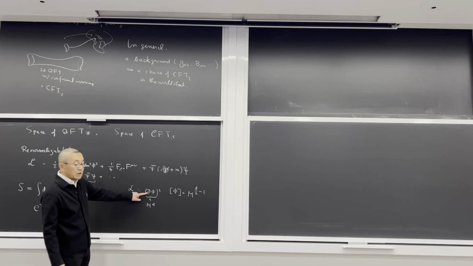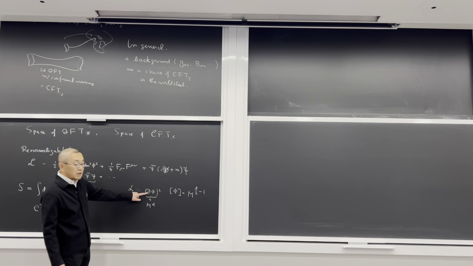In quantum mechanics, length times momentum is h bar, which is dimensionless, and the momentum and the energy have the same dimension if the speed of light is 1. And so that means that the scalar field should have this dimension. Similarly, we can see that the fermion should have mass dimension of (d minus 1) over 2, because you have two of them, but then you have only one derivative.